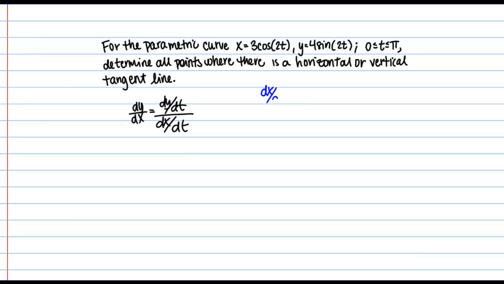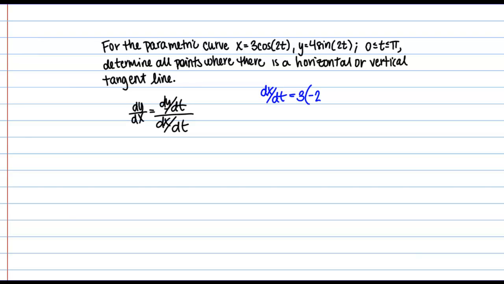So let's start out with dx dt. So x is given by 3 cosine of 2t. So if I take that derivative with respect to t, I'm going to have my constant of 3 out front, and then the derivative of cosine is negative sine. I'm going to have a factor of 2 out front, though, from the chain rule.